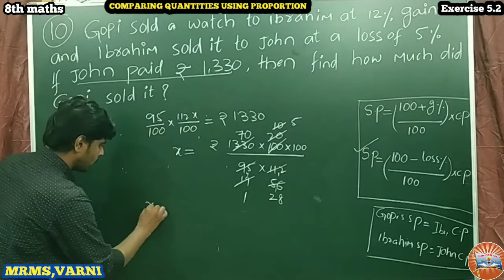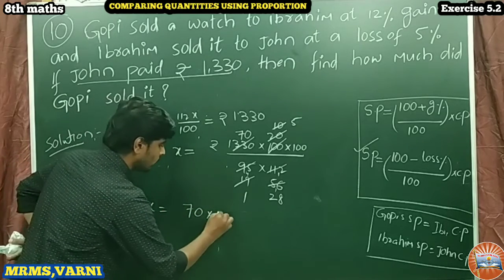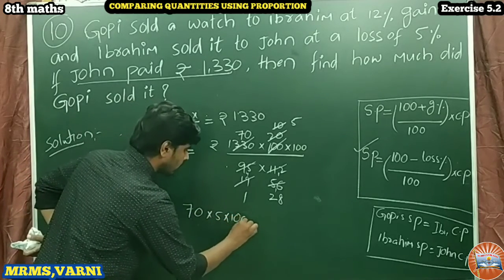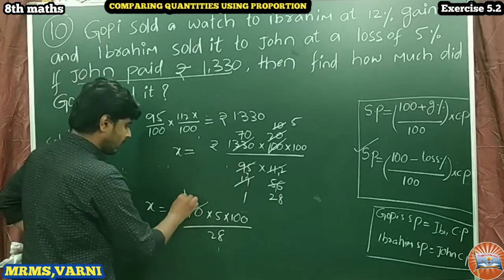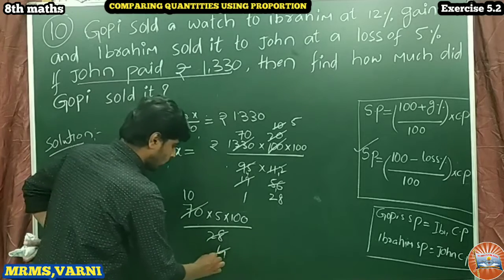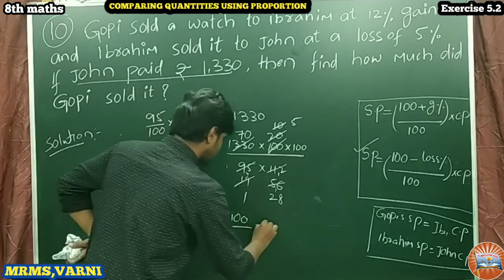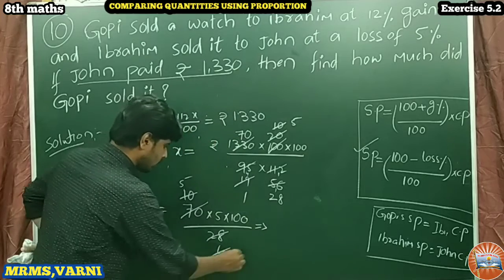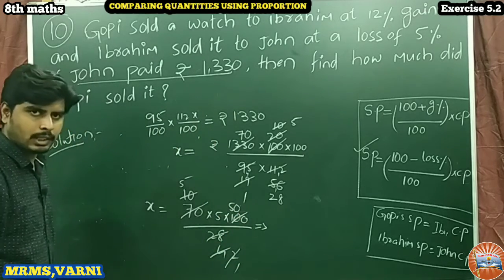So write down one more step, x is equal to 70 into 5 into 100 by 28. Okay, 7 fours 28, and 2 twos, 2 fives. So what it becomes? And next, 2 ones, 2 50s. Is it clear? Right.